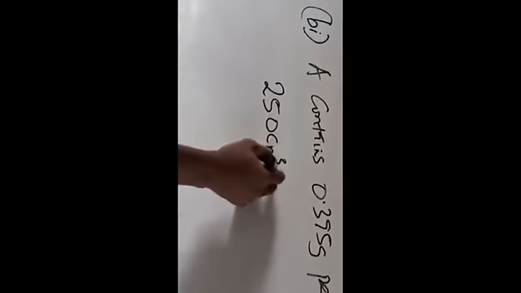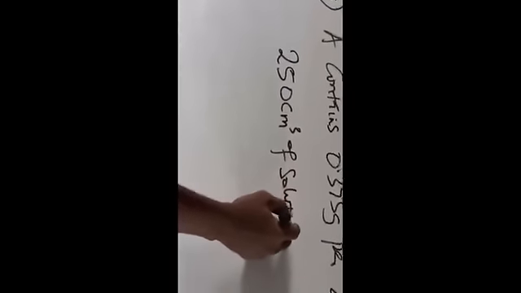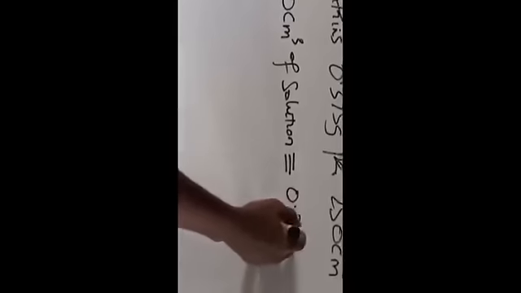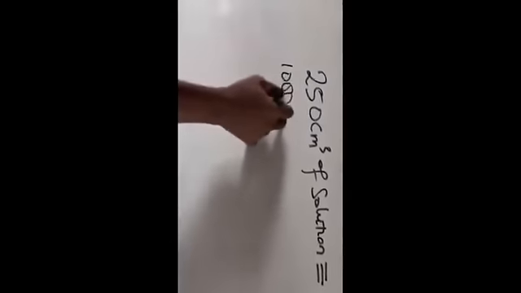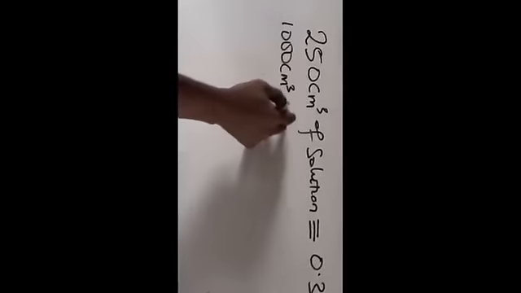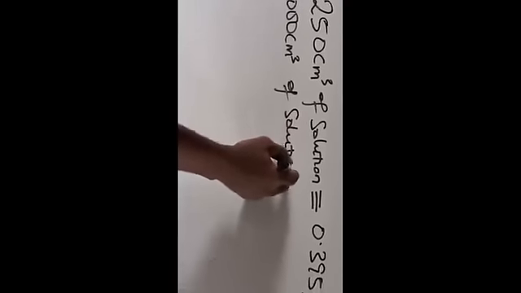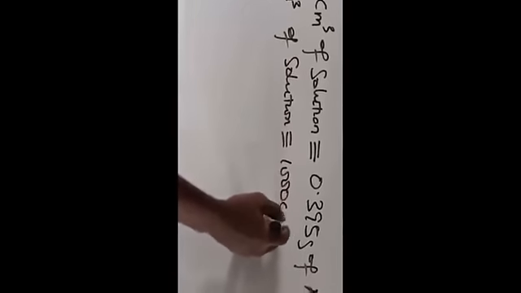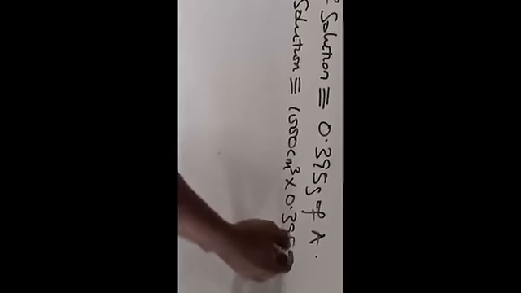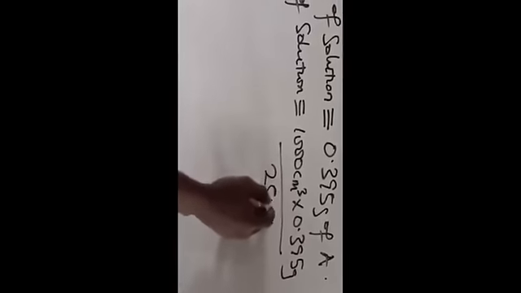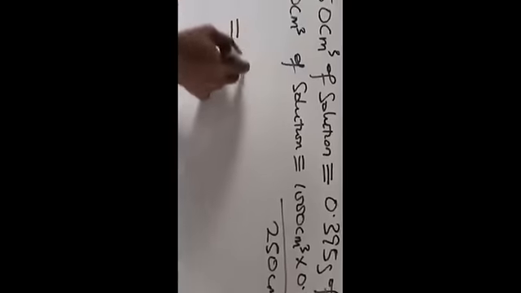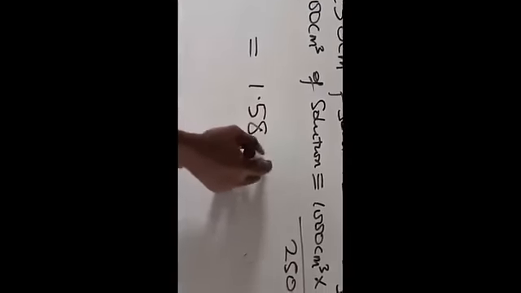So we now say 250 cm cube of solution contains 0.395 gram of A. Therefore, 1,000 cm cube, which is 1 dm cube, of the solution will now contain 1000 cm cube multiplied by 0.395 gram divided by what? 250. And that'll give you what? 1.58 gram per dm cube. So this is the concentration of A in gram per dm cube.